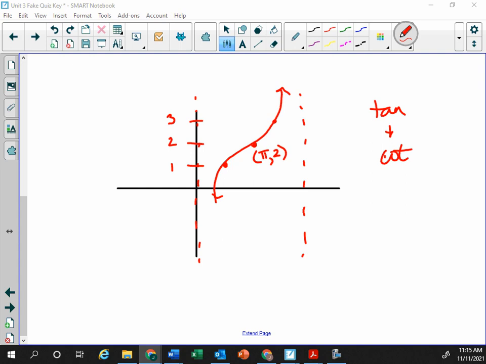Okay, I would leave it factored, but you're not wrong on the one you distributed. Same, I'd just leave it factored so that you don't make a mistake somewhere in there. That's good. No, there is a b value, and there's not a shift with the cotangent one. All right, guys, let's go through them.